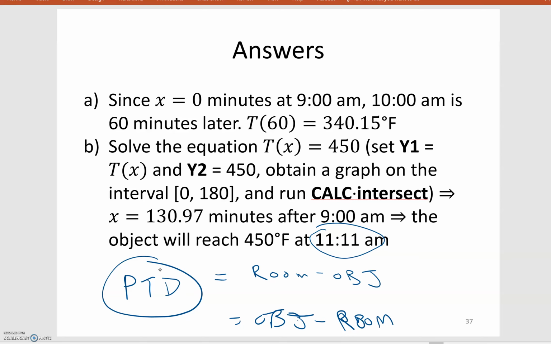Right, and for room minus object, that would be when we're heating up, and for object minus room, that's when we would be cooling down in order to keep this positive.